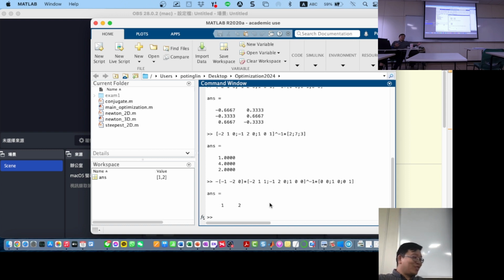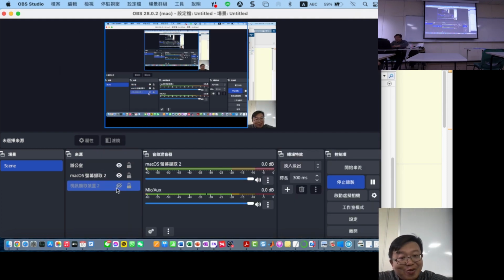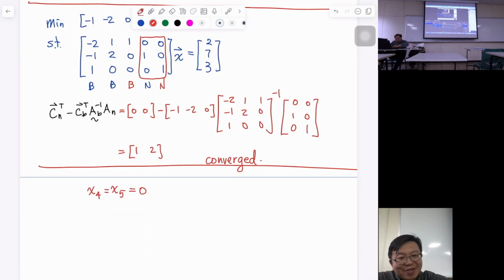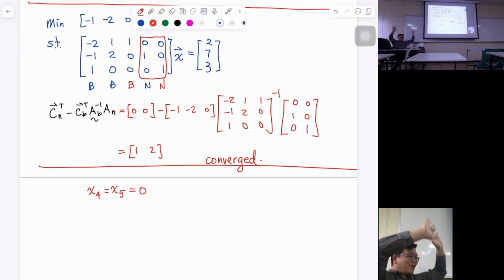But what's the solution? Solution would be x4 and x5, because they are non-basic, so they are 0. But how about x1, 2, and 3? Okay, sorry, converged. So the coefficients are positive, no more negative, cannot improve the objective function anymore, converged.